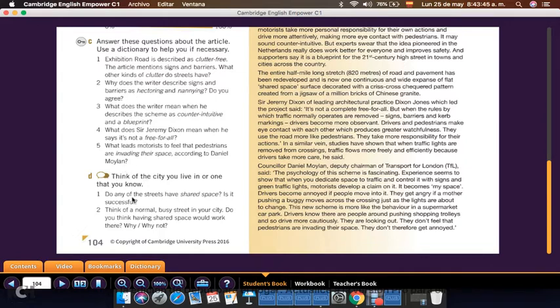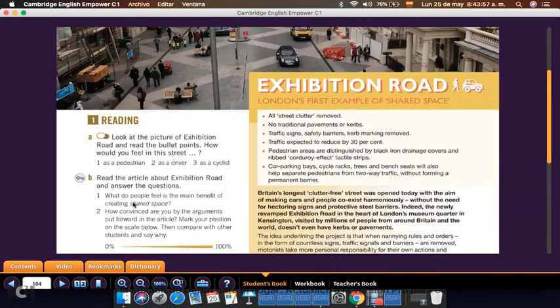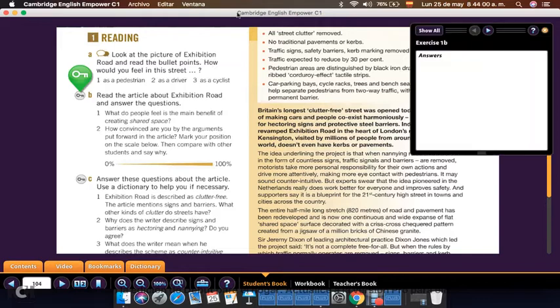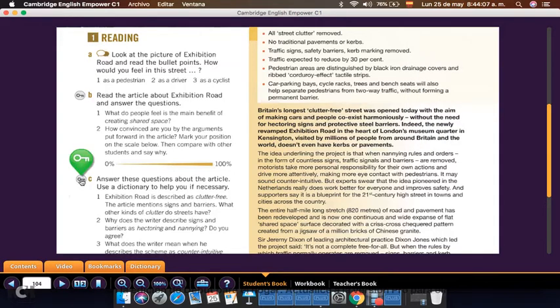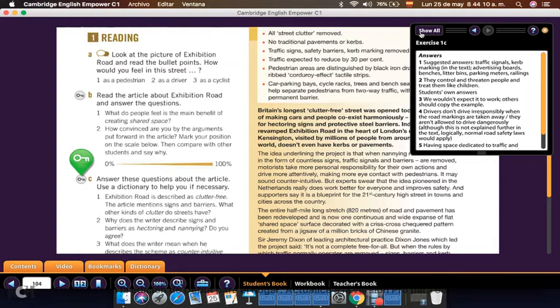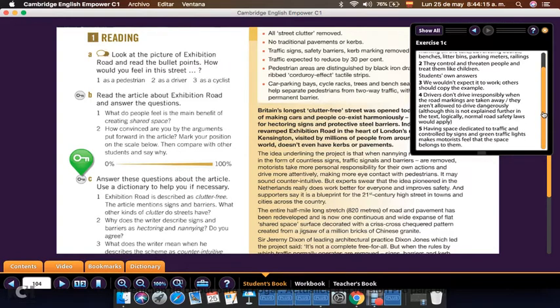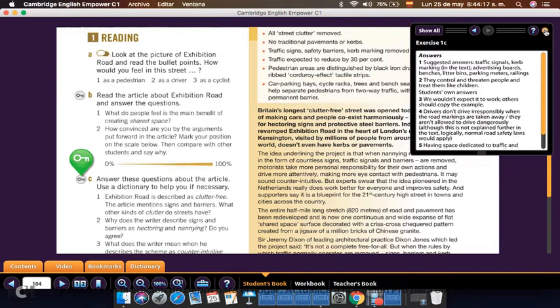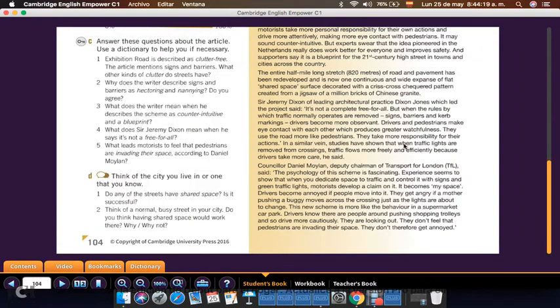And on letter D, think of the city you live in or one that you know, and then you're going to answer these questions. Now, when you finish answering your questions, you can check right here in this box if they were correct. Letter B and letter C. Right there. You can pause the video and check that your answers coincide.